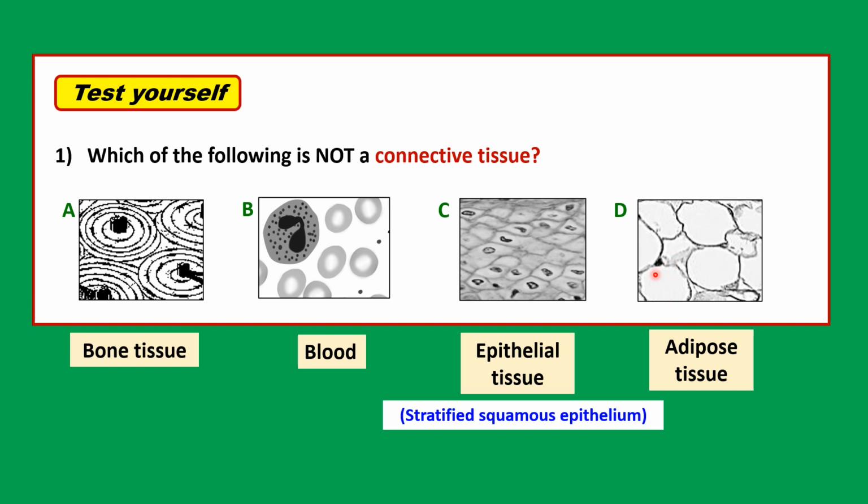They are pushed to the corner by the fat reserves. So our answer is C, because bone tissue, blood, and also adipose tissue are all connective tissues. Epithelial tissue is a group that's separate from connective tissues. So the answer is C.